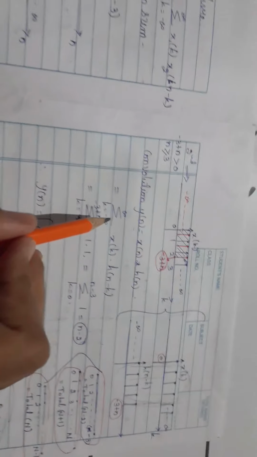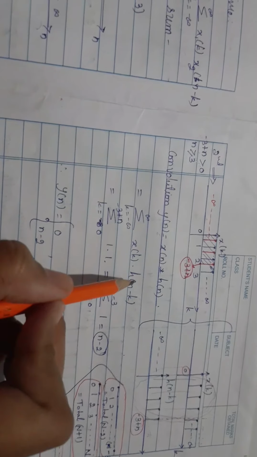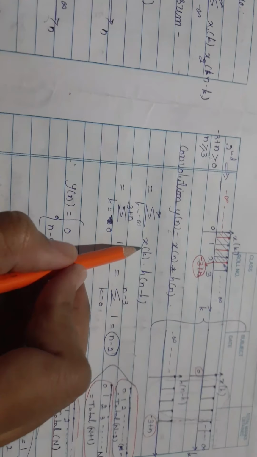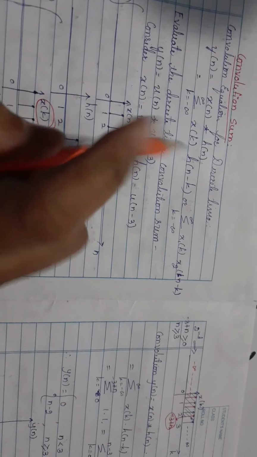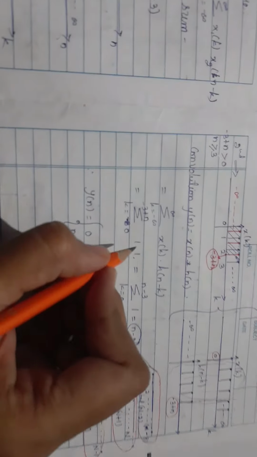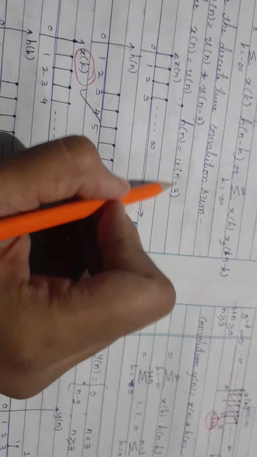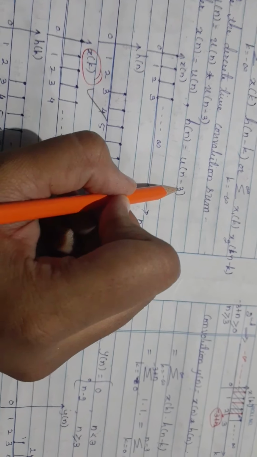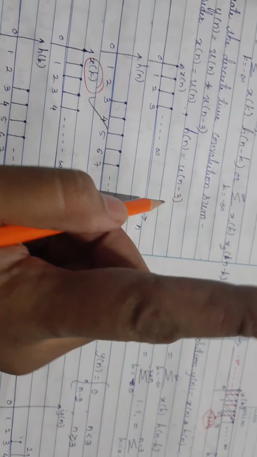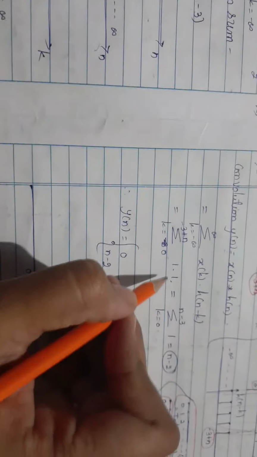Convolution, we know the equation, summation x of k h of n minus k. What is x of k? It is u of k, because the given question is x of n is u of n. X of k will become u of k, that is amplitude is 1. So 1. Similarly, h of n minus k, which is u of n minus 3, u of k minus 3. Whatever you do, amplitude of unit signal is 1. So 1 into 1.